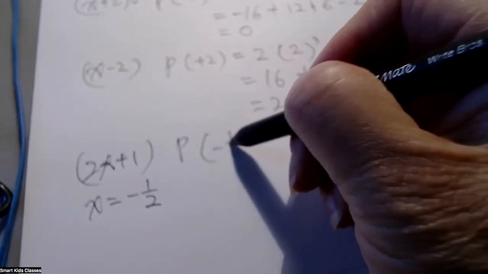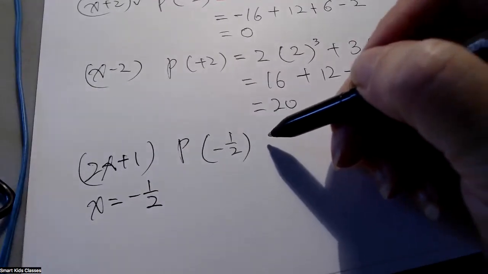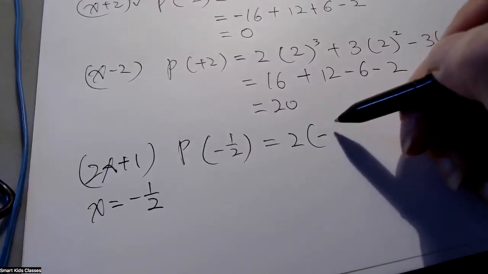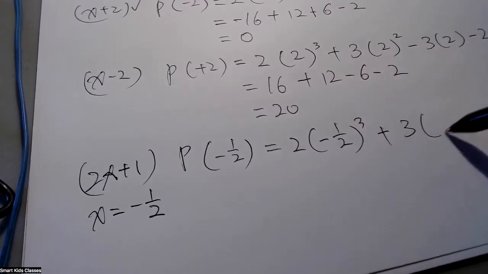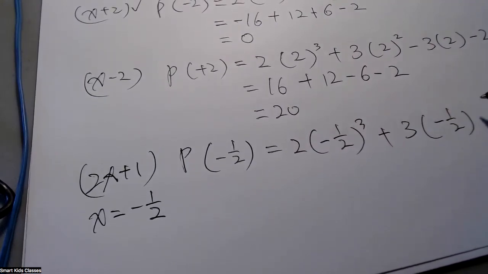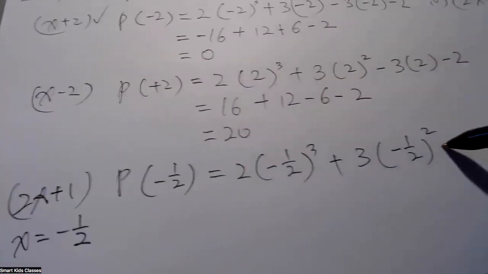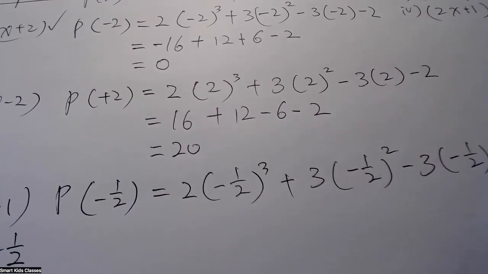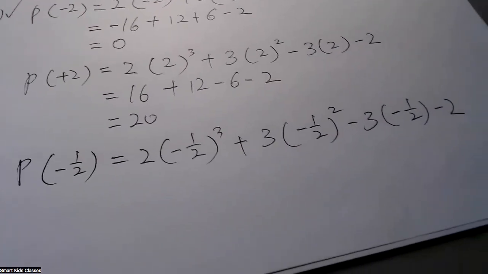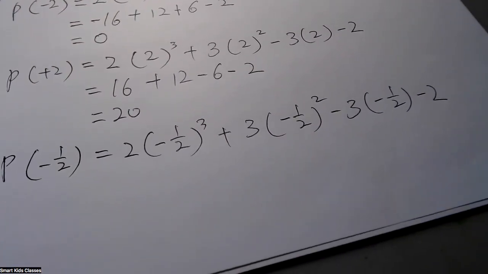We write P at negative 1 over 2, which equals negative 1 over 2 to the power 3, plus 3 times negative 1 over 2 squared, minus 3 times negative 1 over 2, and minus 2. Let's use the calculator to see what you get.